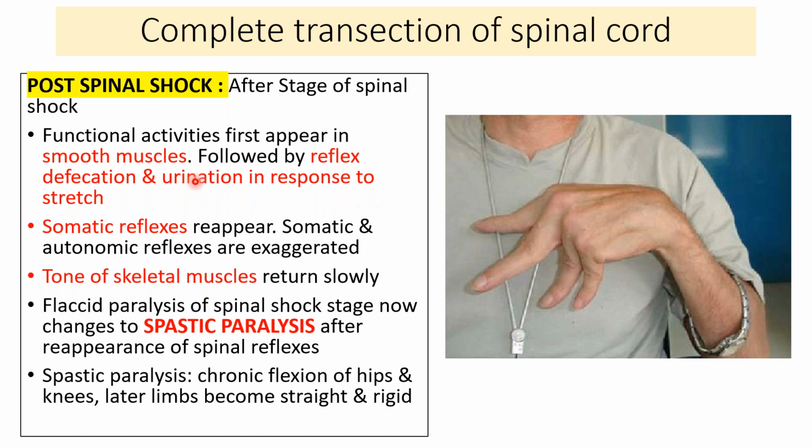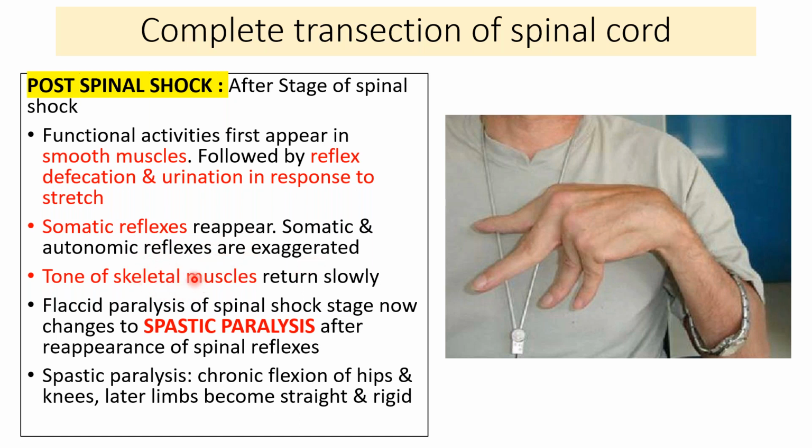Functional activities will reappear first in the smooth muscles of the bladder and the rectum, followed by reflex defecation and urination in response to stretch. Second to appear are the somatic reflexes. They will reappear, and these somatic and autonomic reflexes will be exaggerated.